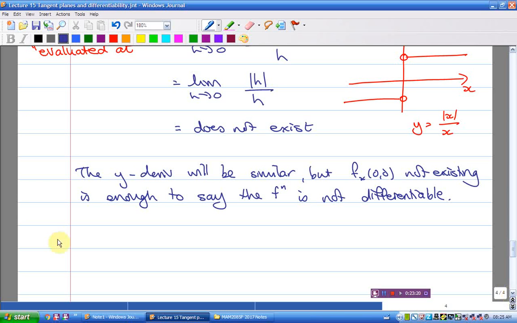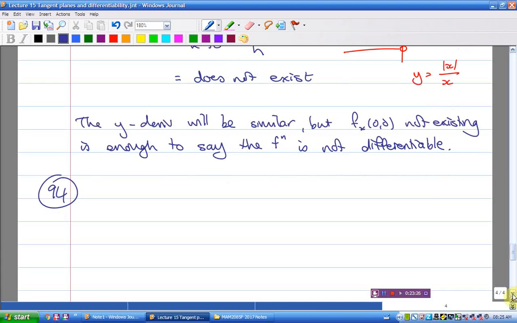Let's move on to 94. In 94, the partial derivatives do exist. Do I want to actually go to the trouble of working them out? I am looking at my solutions, and my solutions are all muddled. That's not the one I want.